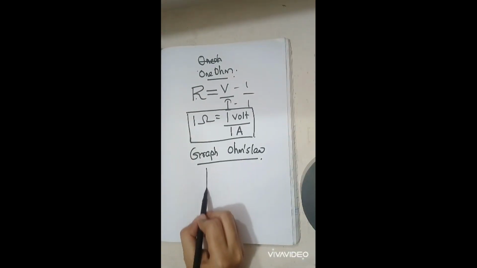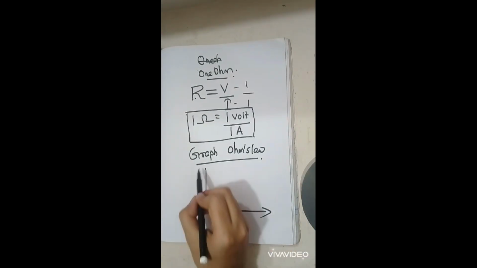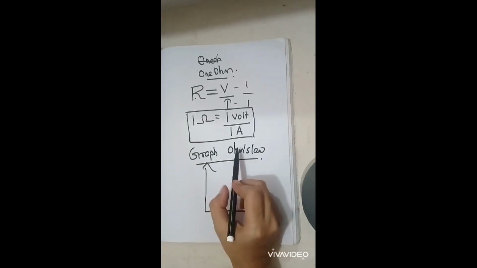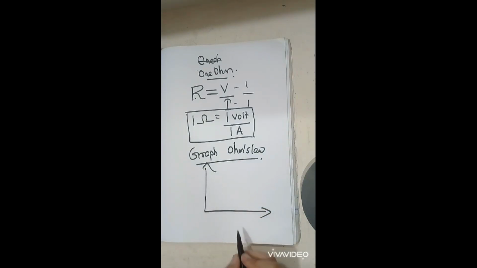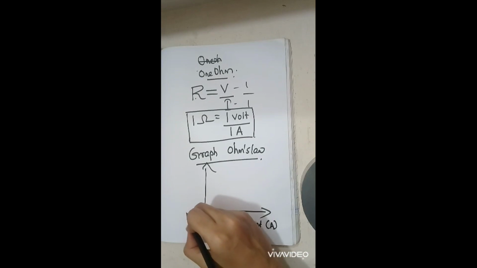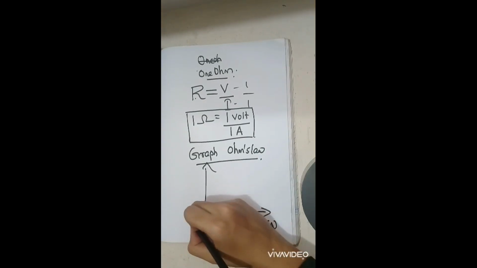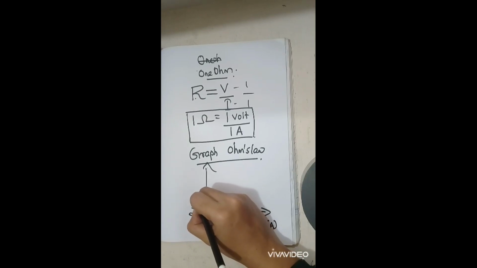The graph will have two axes. We know Ohm's law is the relationship between the current and the voltage or potential difference. We take current here, unit ampere, and we take the potential difference here.